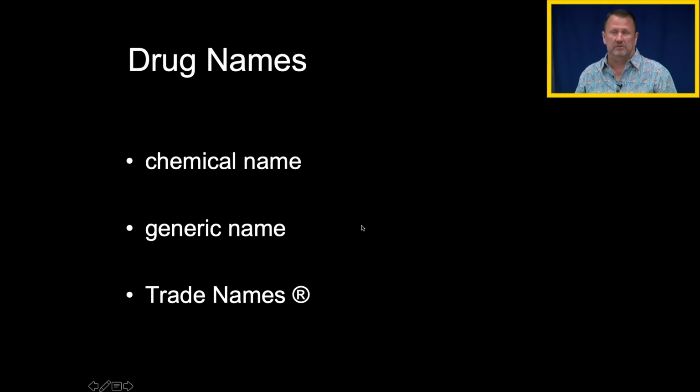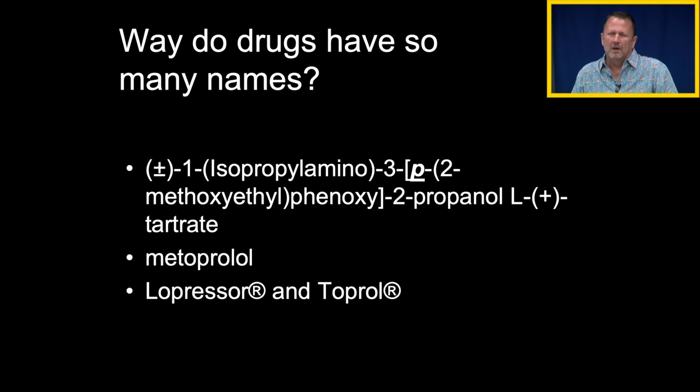We take that out because it's a distraction. So why do drugs have so many names? Well, there's an interesting reason how that came about, and now that we're at now, maybe we should try to rethink these things.